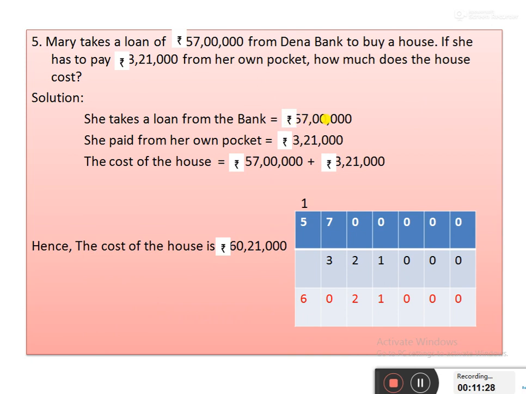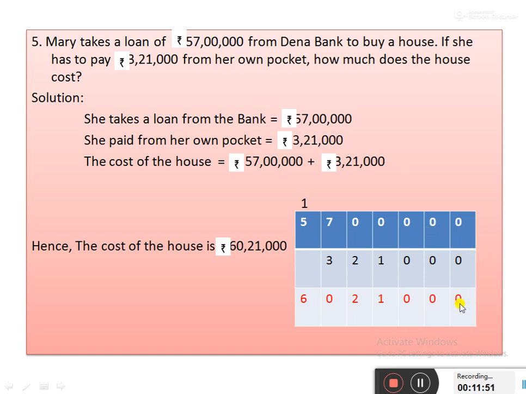Rupees 57 lakh. From her own pocket, how many rupees did she pay? Rupees 3,21,000. The cost of the house. Total how much money did she pay for the house? Total means we have to do the addition. 57 lakh plus rupees 3,21,000. So what is the cost?